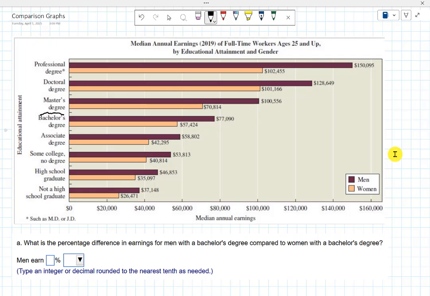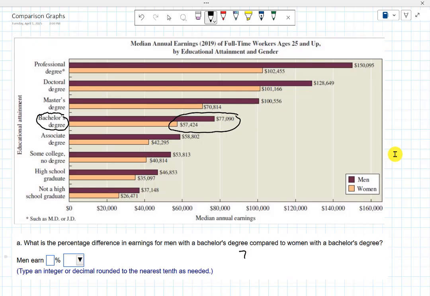Here's our bachelor's degree. And we have men earning a certain percentage more than women. So these are our numbers right here. When you're comparing it to women's numbers, you want to know how much more men earn than women. Then this is the computation you want to do. Take the difference.